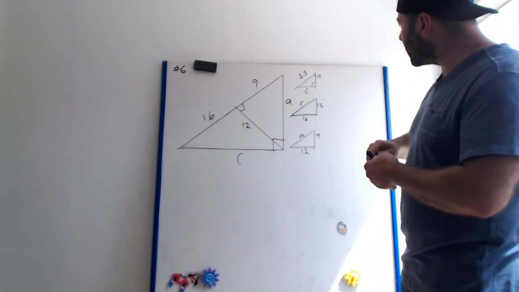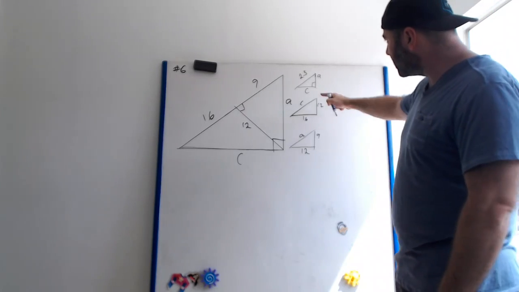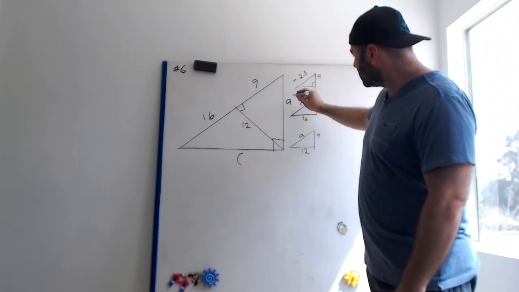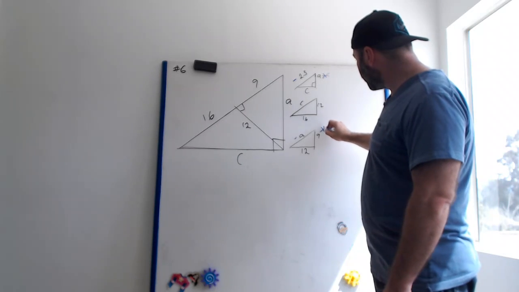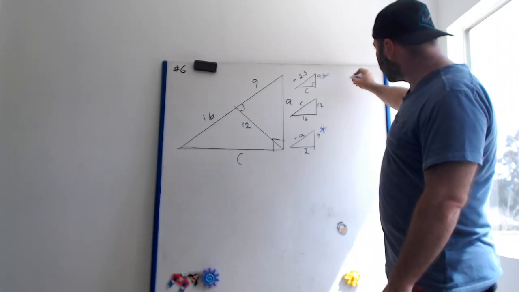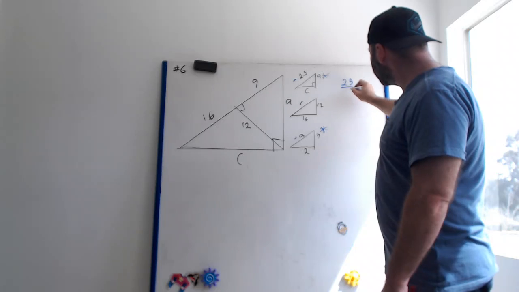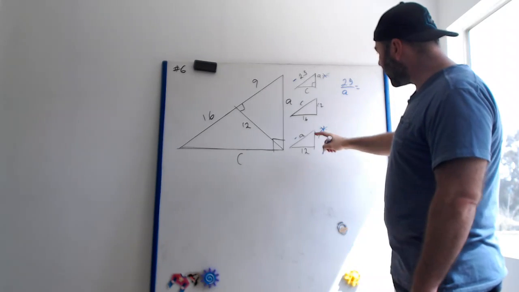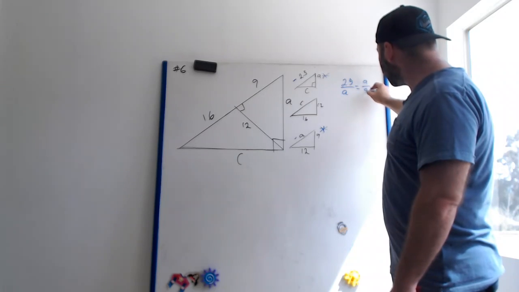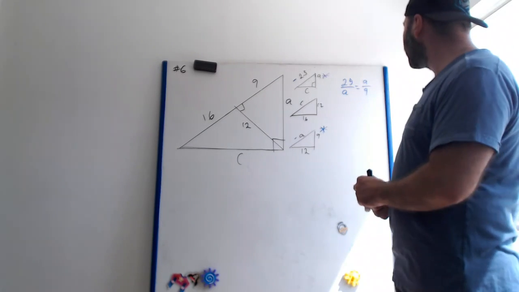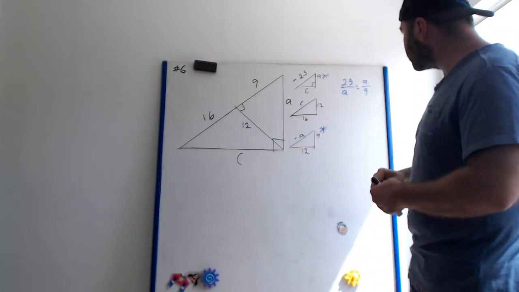So we see that the variable is the same on both sides. So I'm going to go ahead and set up a proportion. 25 is to A as A is to 9. And we cross multiply.